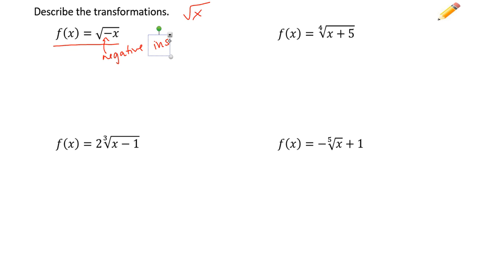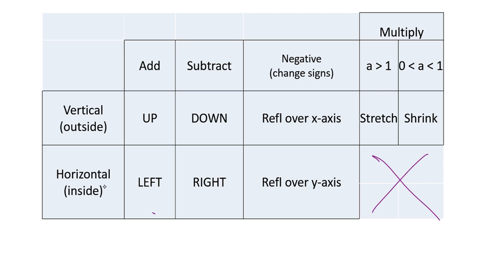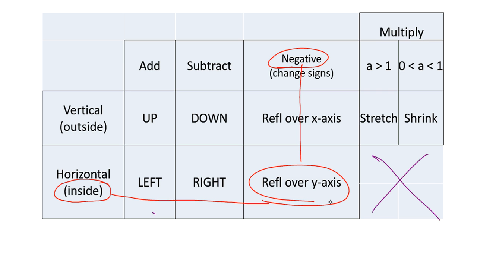Now it's underneath the radical, so that means it's inside. What just happened? All right, looking at your cheat sheet, we just said it was inside and it was a negative. That means that my transformation is a reflection over the y-axis.